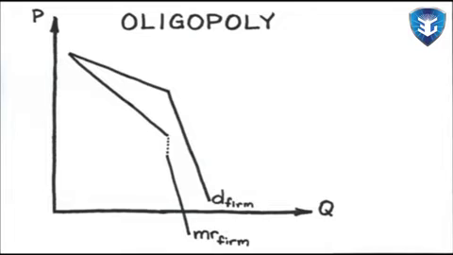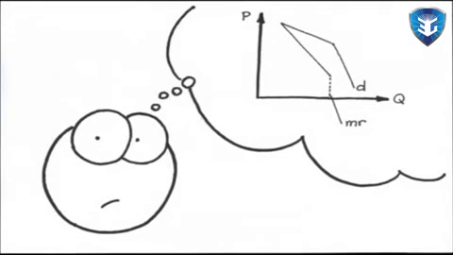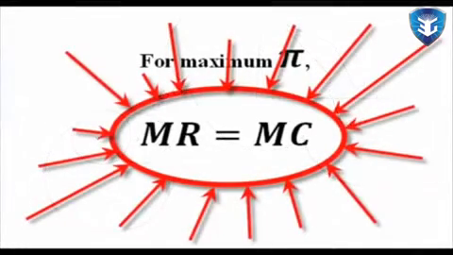It's important at this point to be confident in what you know about a firm's profit maximizing behavior. Is this the weirdest looking demand marginal revenue graph you've ever seen? Sure. Can you still figure out the profit maximizing output? Definitely. You have the profit maximizing rule burned into your brain by now, don't you?